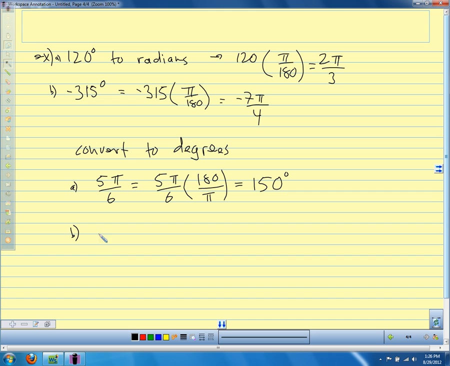And if we had 7 radians, our radians don't always have to have a pi in them. We can have a measurement of 7 radians. So let's think about how big 7 radians would be. How many radians if we go around the circle one whole time? That's 2 pi radians. How many is that if we convert that to a decimal?